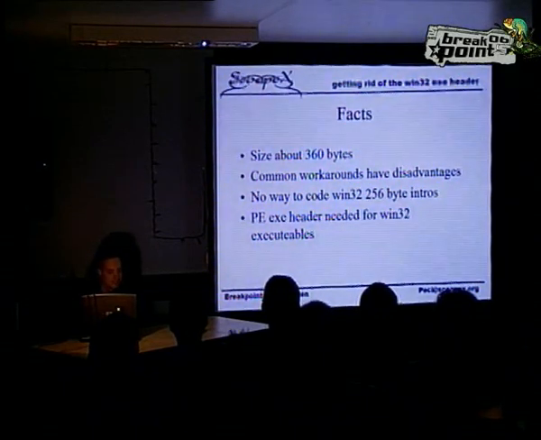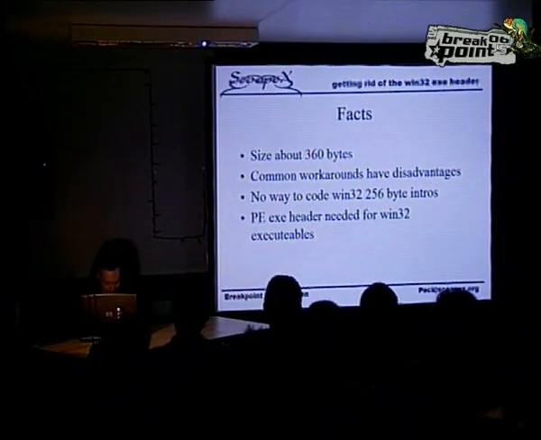Well, as I said, the common workarounds have disadvantages, and the big thing is there is no way to write 256-byte intros for Windows, because when the exe header is already bigger than this size limit, it's just not possible.